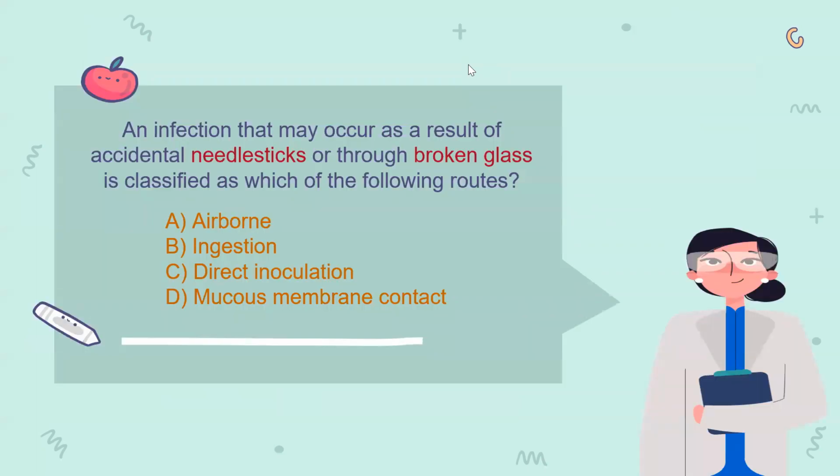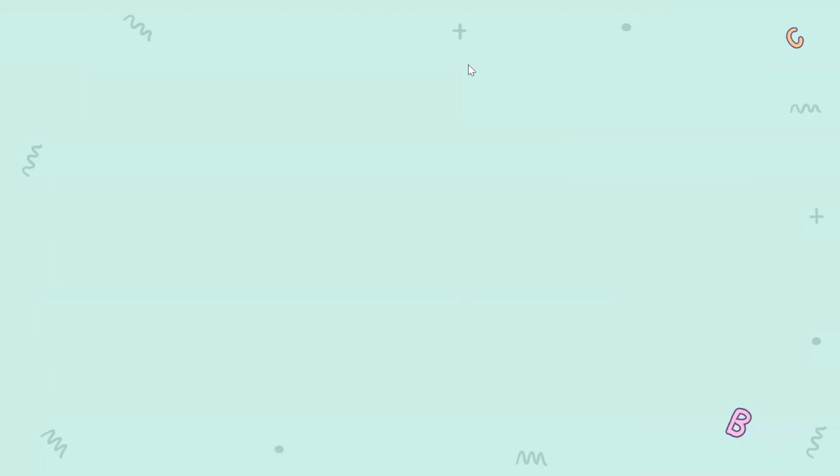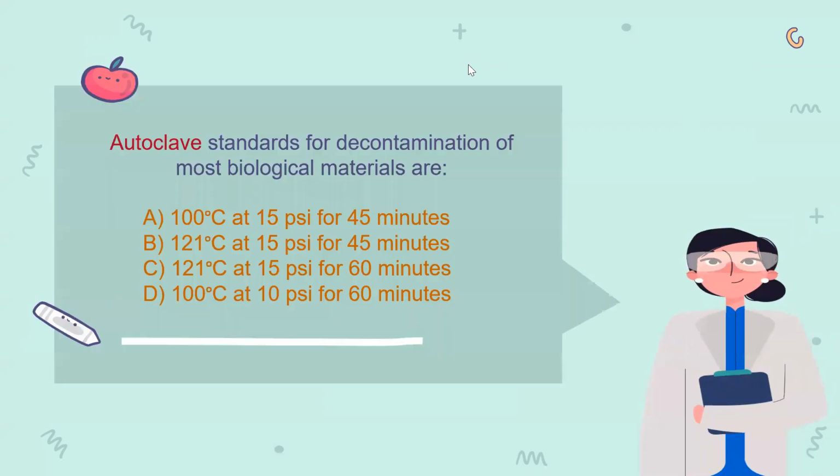Here are some questions that I would like you to answer to recall what you have learned from the safety guidelines for the microbiology lab. The first question: an infection that may occur as a result of accidental needle sticks or broken glass is classified as which of the following routes: airborne, ingestion, direct inoculation, or mucous membrane contact? Second question: autoclave standards for decontamination of most biological materials are: A, 100 degrees Celsius for 45 minutes.